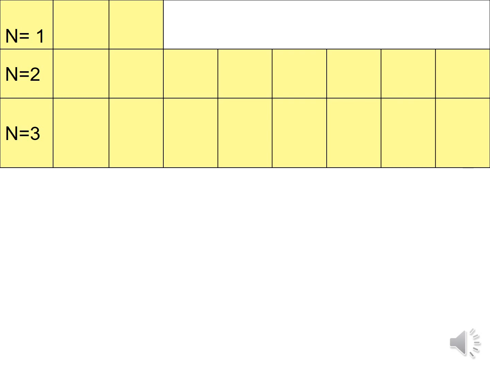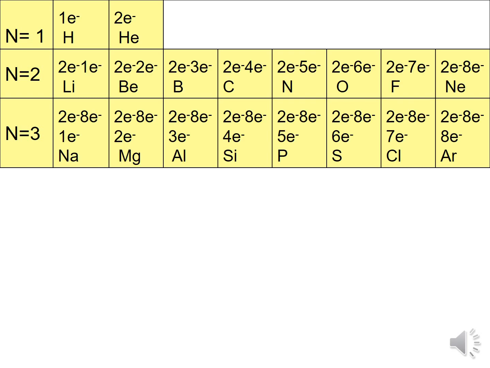So if we use a certain kind of notation to talk about the number of electrons, we could say hydrogen has 1 electron in the first level, helium has 2 in the first level, lithium would have 2 in the first level and 1 in the second, beryllium 2 electrons in the first level, 2 electrons in the second level, boron 2, 3, carbon 2, 4, nitrogen 2, 5, oxygen 2, 6, fluorine 2, 7, neon 2, 8.